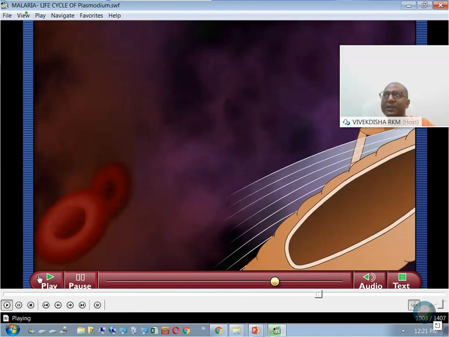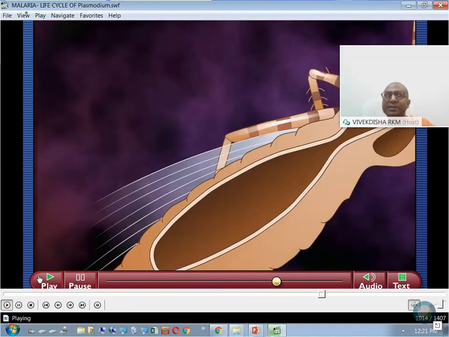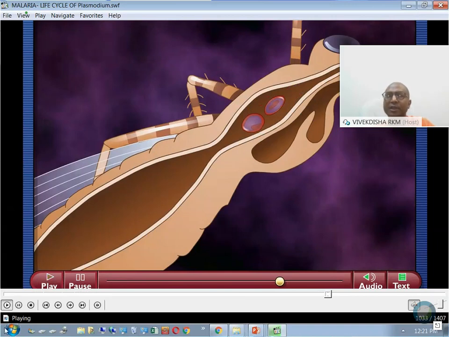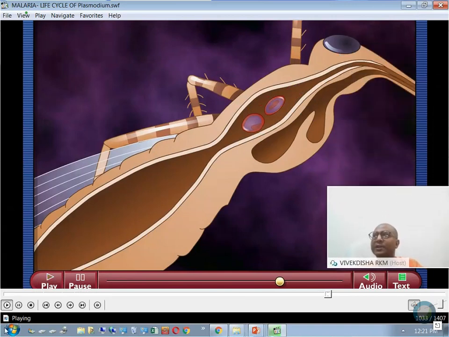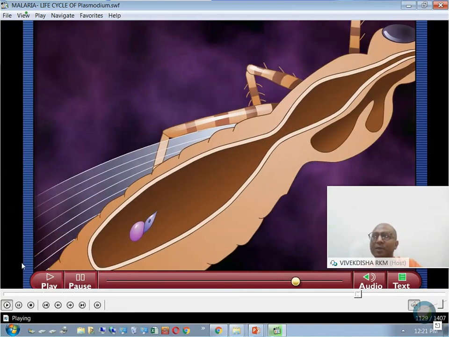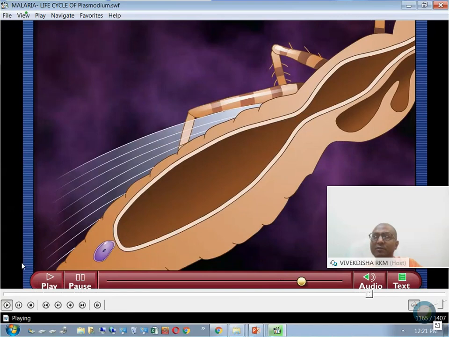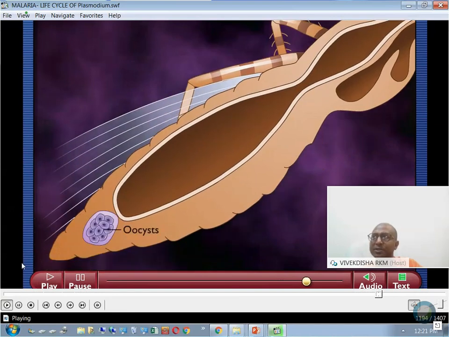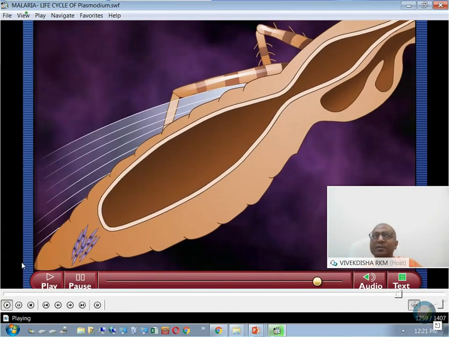And again, if there is a mosquito who bites this diseased person, then what will happen? That mosquito will get this infected germ, but the germ will not affect the mosquito. It will remain there with some change, and then it will come to the body of the mosquito, and they will make some more multiplications, and they will be ready for the next invasion.